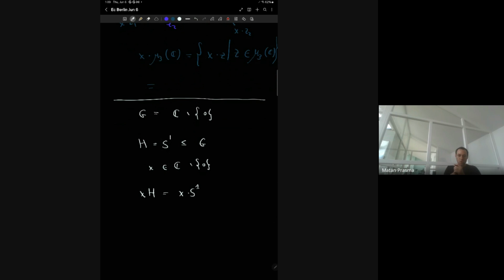Okay, so if X is like this, since I do X times S1 for all S1, let's say the radius of X is bigger than 1, then I get whatever this R.